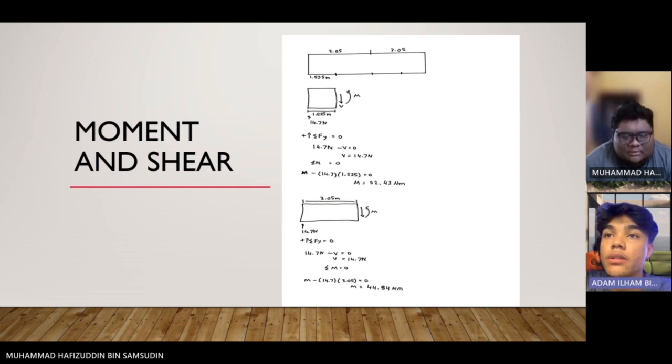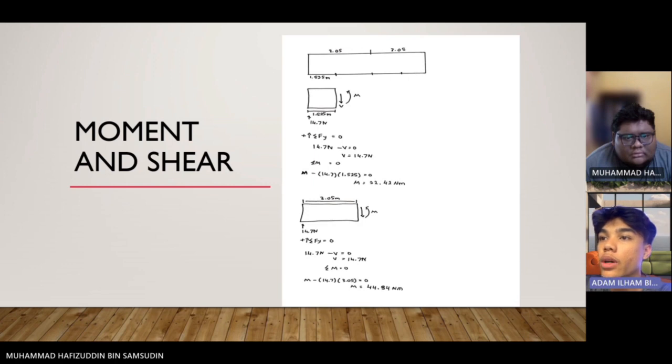Okay, thank you, Hafiz. So I will continue the calculation for the moment and shear. For the moment and shear, we decided to divide the net into 4 squares. The first square has a moment of 2.42 Newton meter.